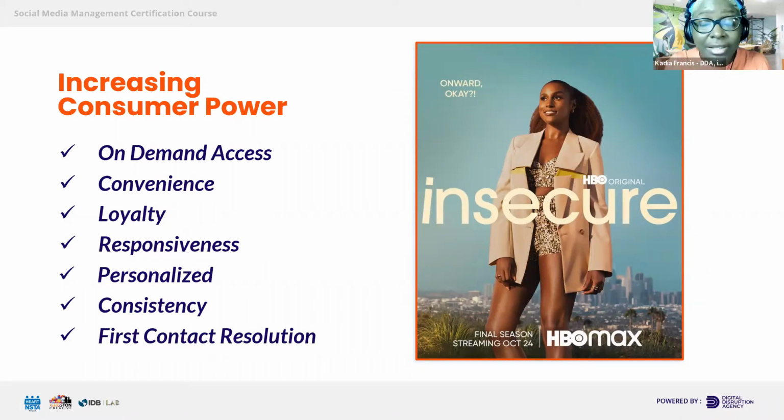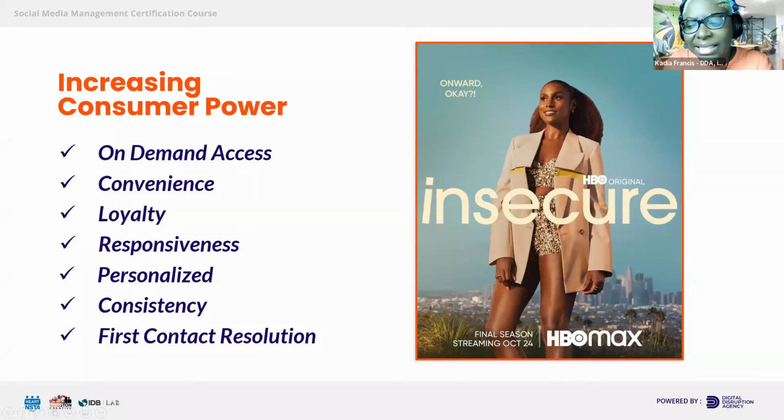The first contact I make with your business, I should have a resolution there. You know what I mean? So these are some of the demands that consumers are making nowadays, and some of the ways that digital has shifted the power away from the marketer, the business, to the consumer. Let's go back to on demand.